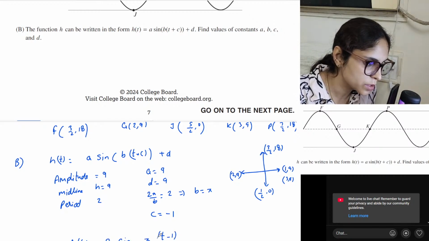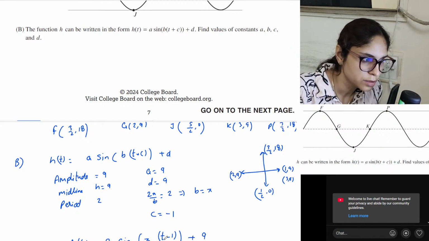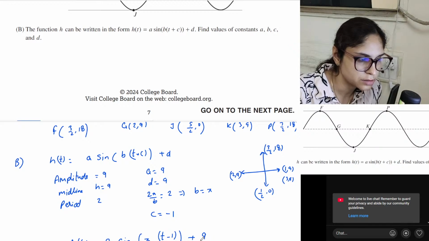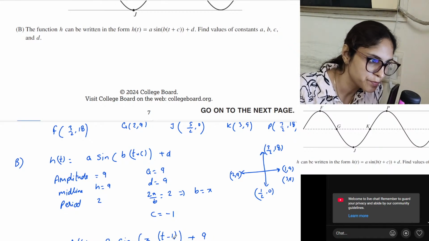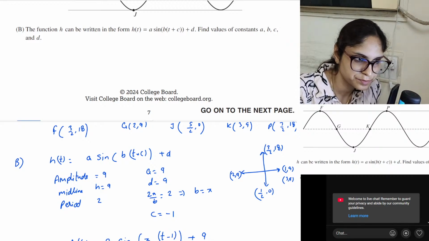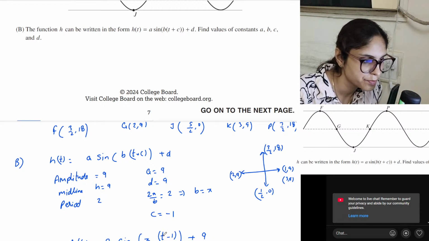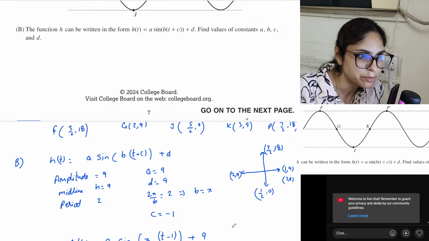So now h of t can be written as 9 sine pi (t minus 1) plus 9. Why? Because when you put t is equal to 1, 1 minus 1 is 0, so it will be sine 0, 9 plus 9... it's just going to be 9. When you put 3 halves, 3 halves minus 1 is 1 half, so 9 plus 9, you will get 18.